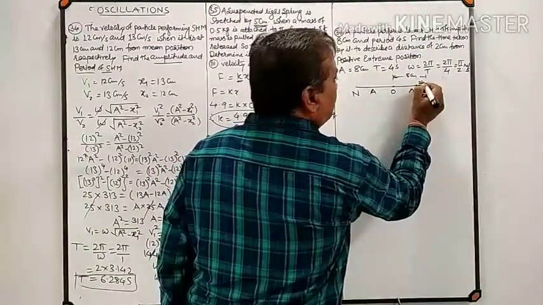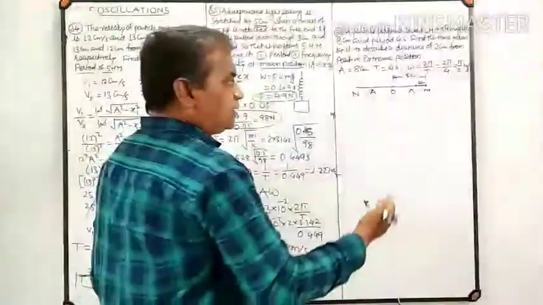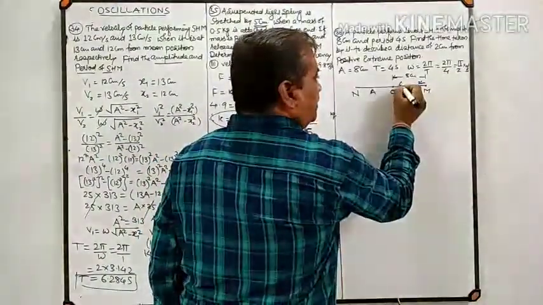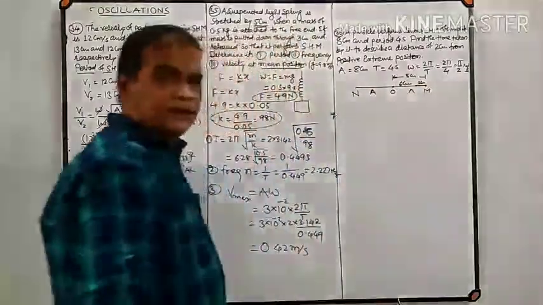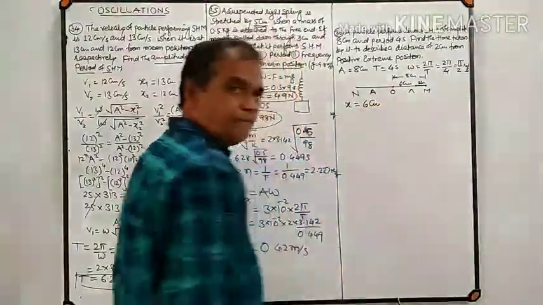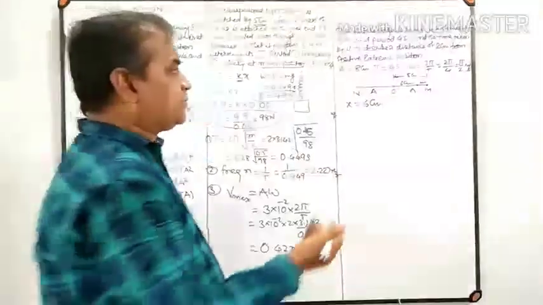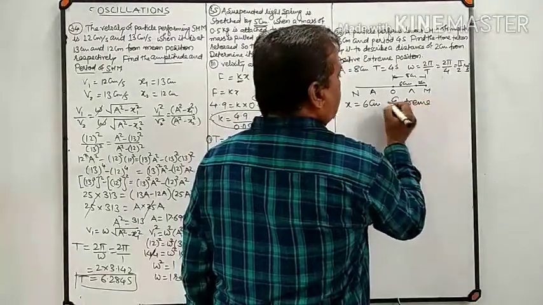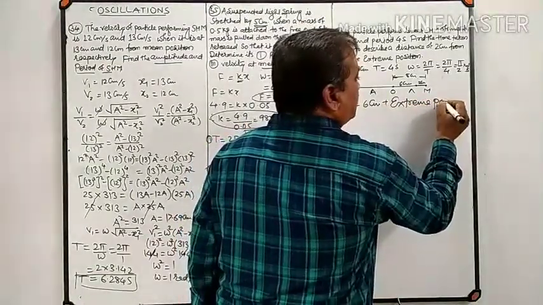It undergoes 2 centimeter displacement from extreme position. So what is the displacement of the particle from mean position? It is 6 centimeter, so here x is equal to 6 centimeter, and the particle starts its journey from positive extreme position.